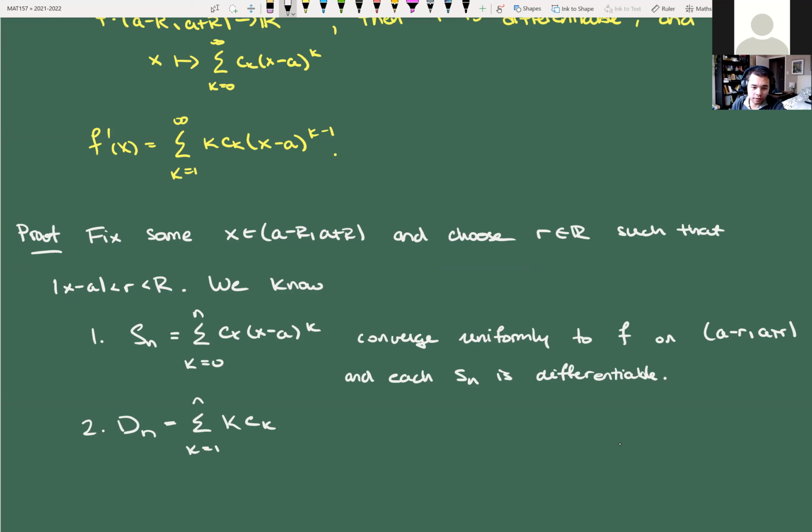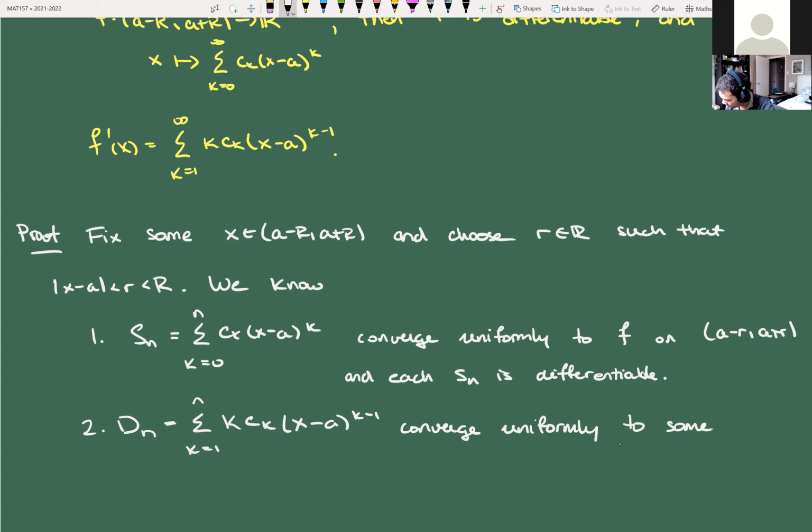It's written in a weird way, but it's just a polynomial. And these d_n converge uniformly to some function, because it's within the radius of convergence. The differentiated power series has the same radius of convergence, and we've restricted to a smaller subinterval, so it uniformly converges to something. We don't know what it is.